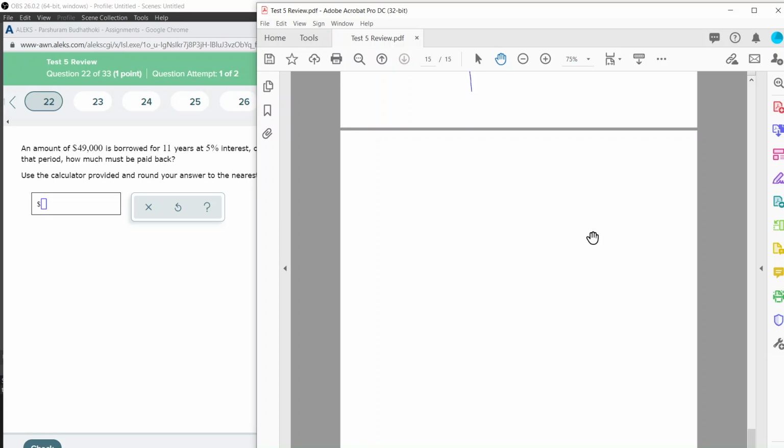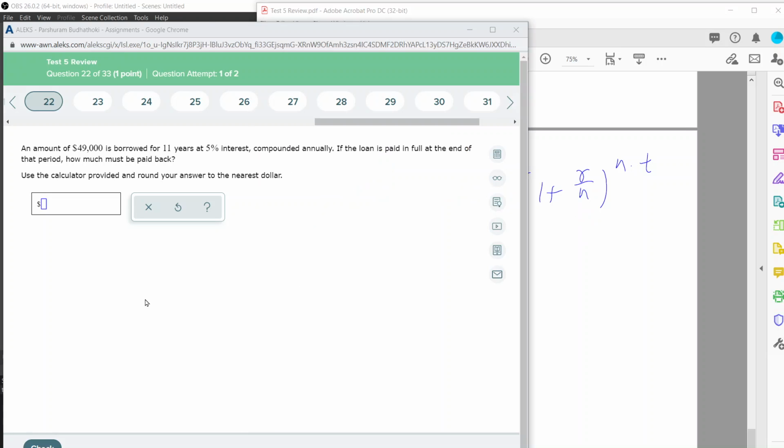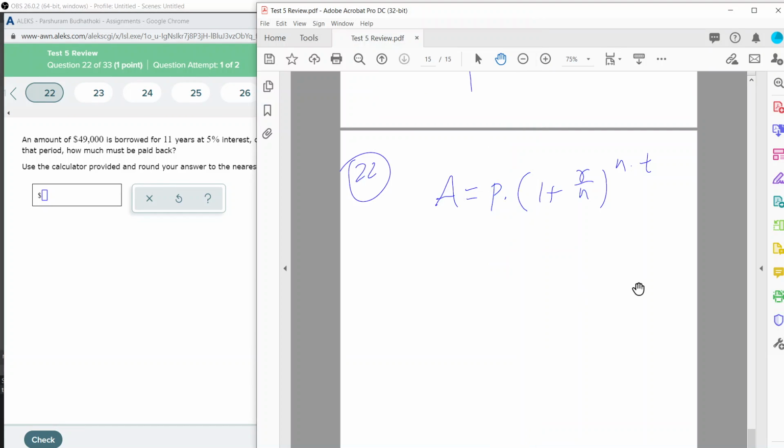And then after that, time is 11 years. So this is the formula we have to use: A equals P times (1 plus r over n) to the power n times t. So in this problem, P is 49,000, time T is 11 years.